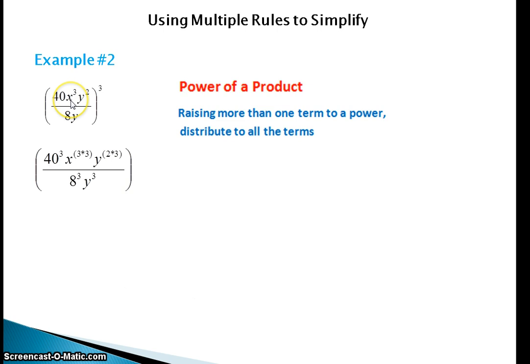And then, because I'm applying a power to a power, I multiply these two exponents, x to the 3 times 3, and then y to the 2 times 3. I also apply that 3rd power to the denominator, 8 to the 3rd power, and y to the 3rd power. I distribute it to every term in this expression.